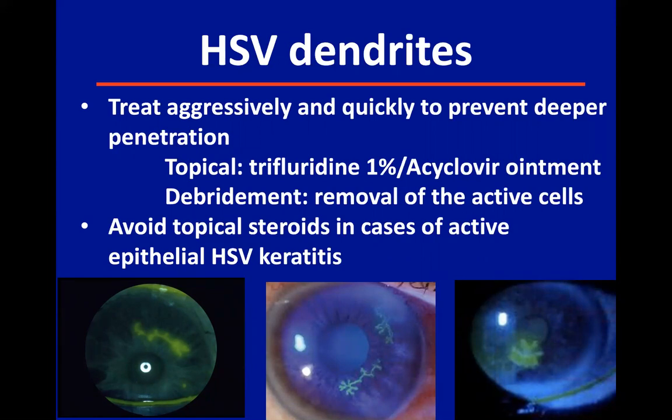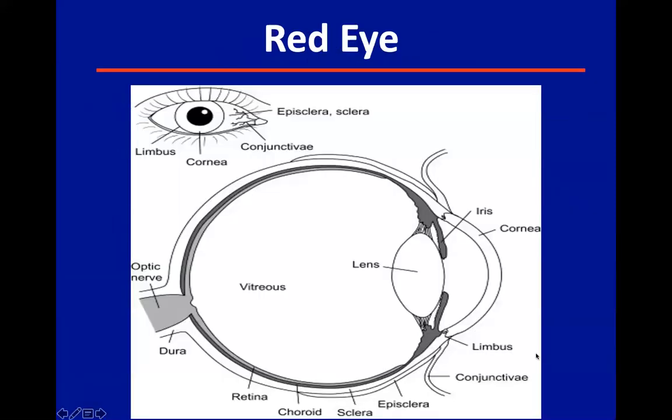And then sometimes we do have to go and remove the active cells. You must avoid topical steroids as in any viral infection, because you actually can activate it. So these are just different photos showing the different viruses, as you see nicely here.